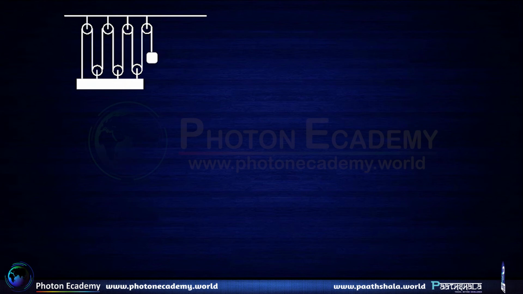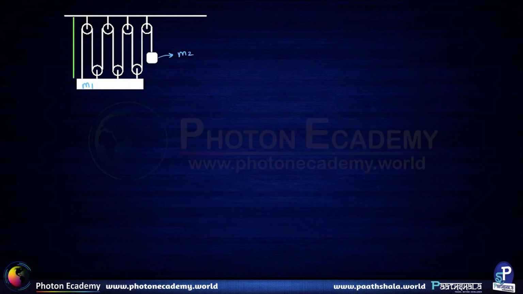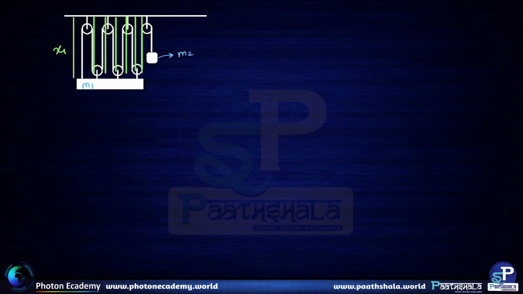So this is the mass m1, and this is the mass m2. As we can see, on the mass m1, 1, 2, 3, 4, 5, 6, 7 tensions are acting in the upward direction, and all have the length x1.